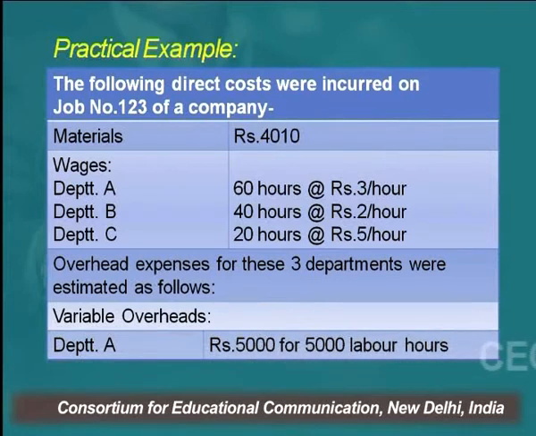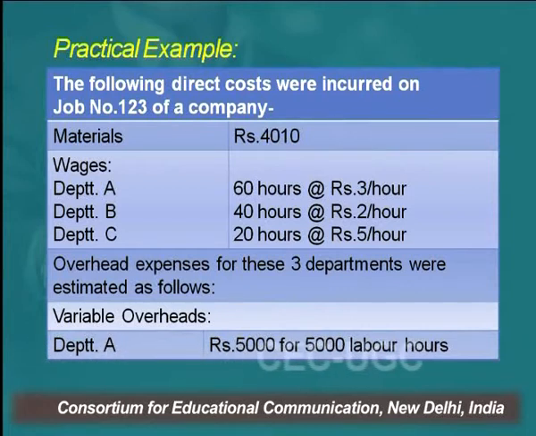This job passes through 3 different departments: Department A, Department B, and Department C. In each department, a certain number of hours are put in by the workers. In Department A, 60 hours have been put in and the labor rate is 3 rupees per hour.